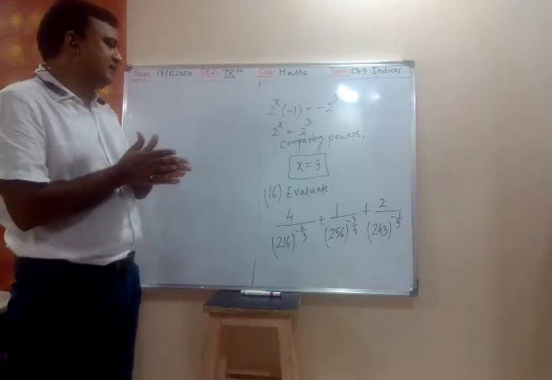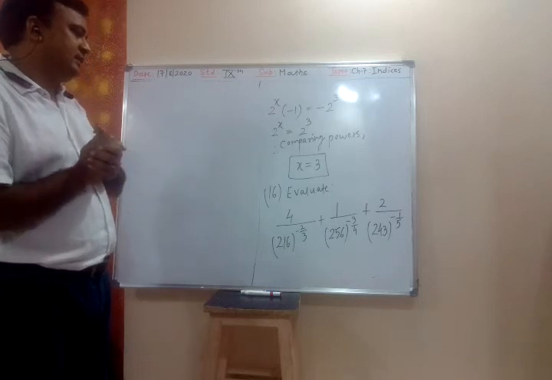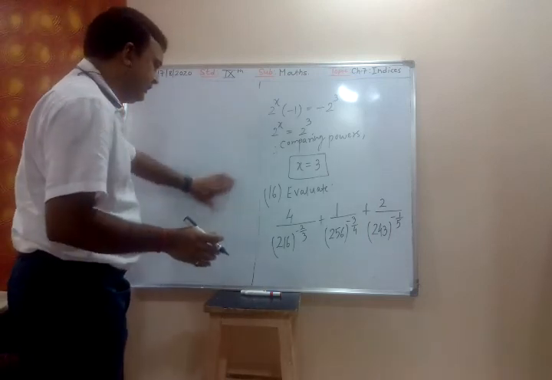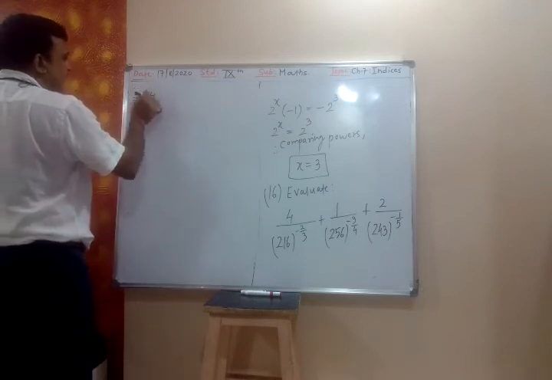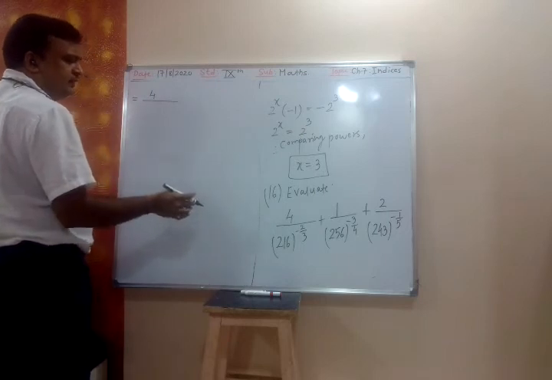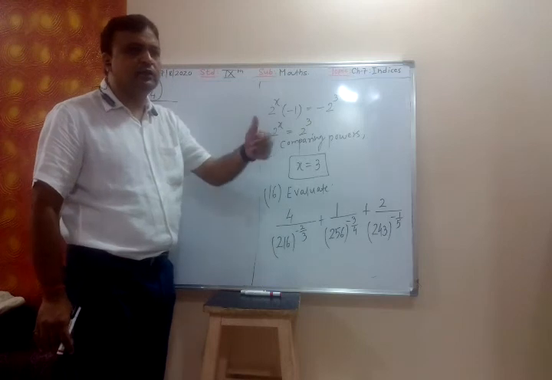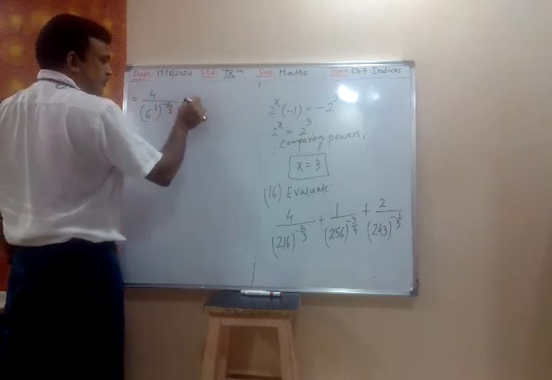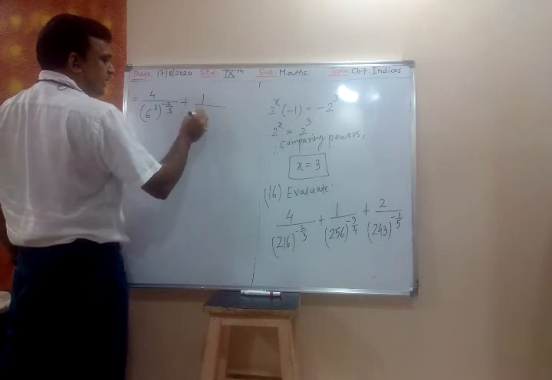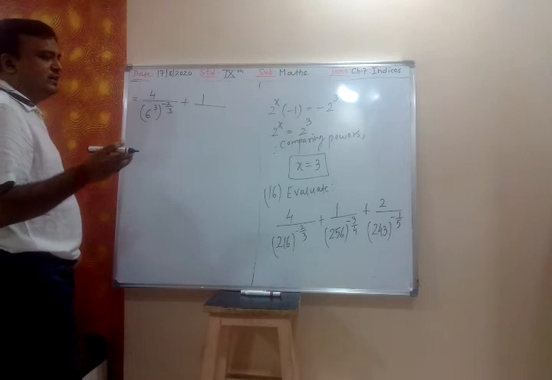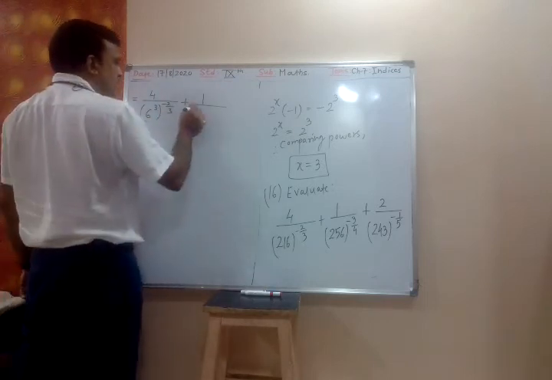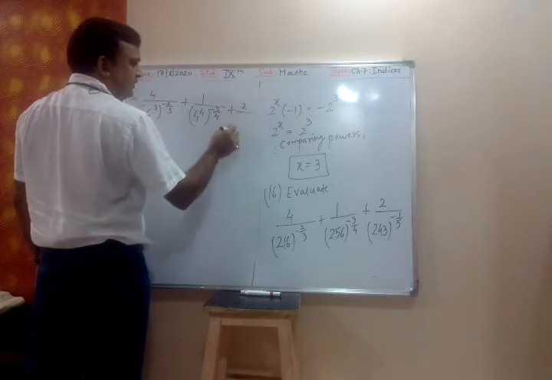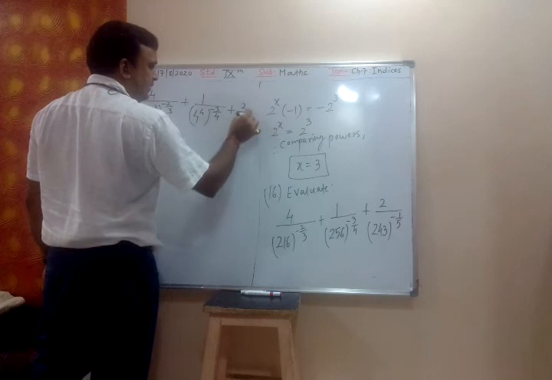You can write 6 cube. So 4 upon 216 I can write as 6 raised to 3, into minus 2 by 3. 256 I can write as 4 raised to 4. 4 fours are 16, 16 fours are 64, 64 fours are 256. 4 raised to 4, raised to minus 3 by 4, plus 2 upon 243, I can write as 3 raised to 5, raised to minus 1 by 5.